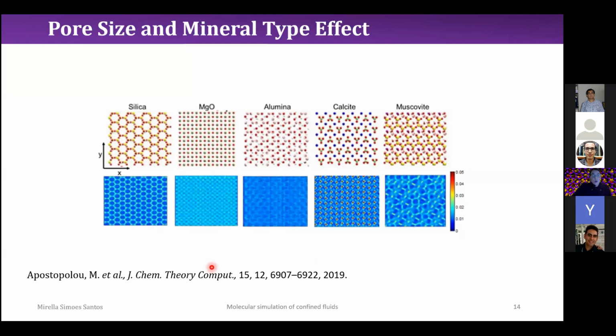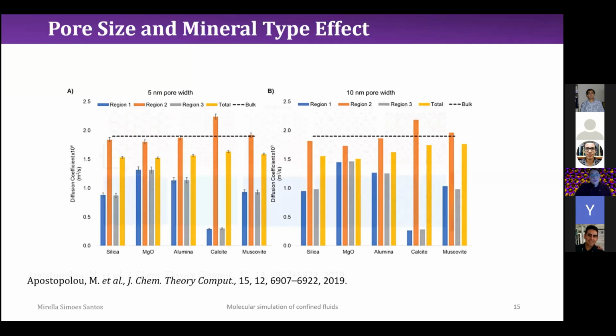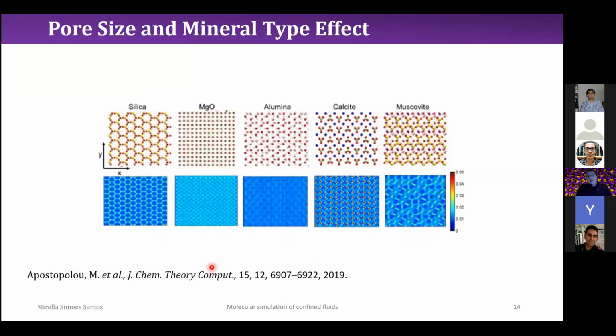And one of the things, so just going back here, one of the things that we obtain from these initial molecular dynamics simulations are the density profiles for methane within the different minerals. So we consider 5 nanometer pores, and we also compare the density profiles for the systems for 10 nanometer pores.